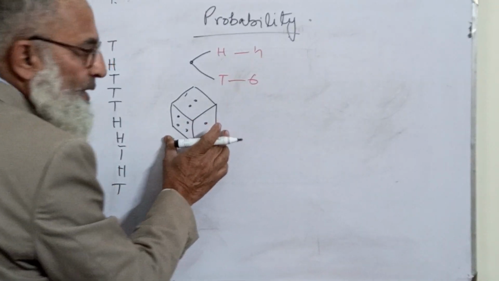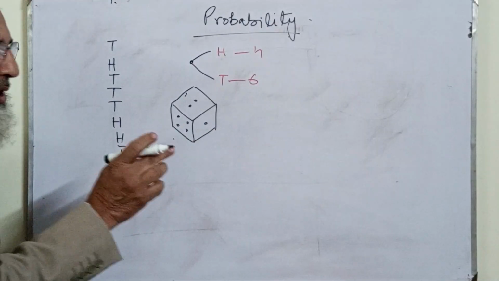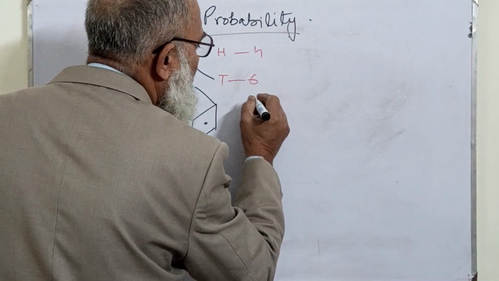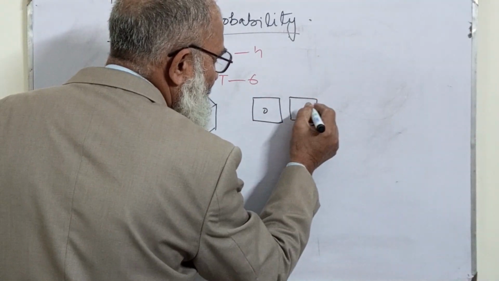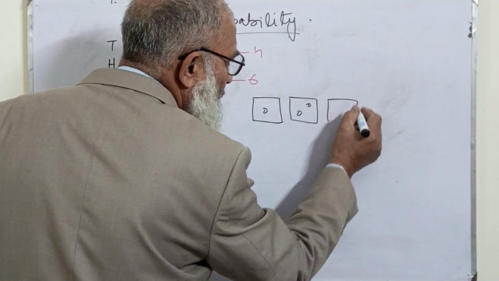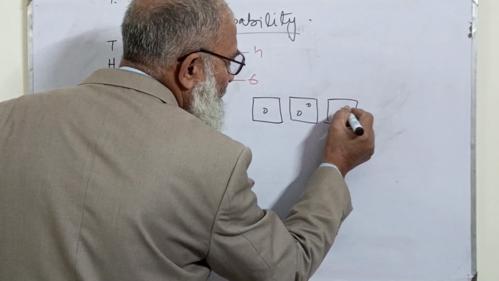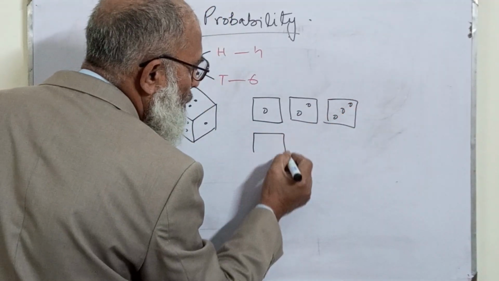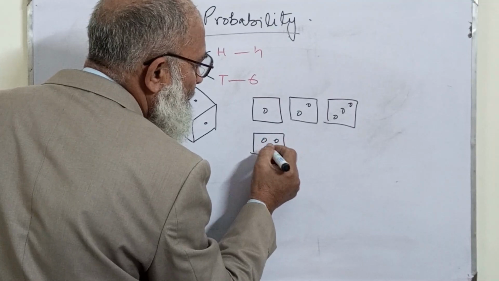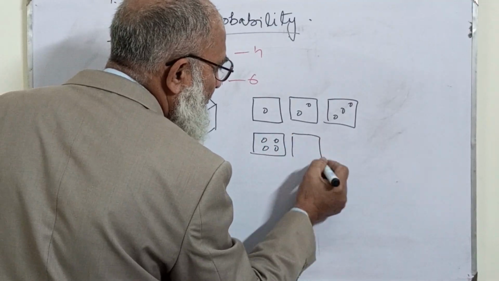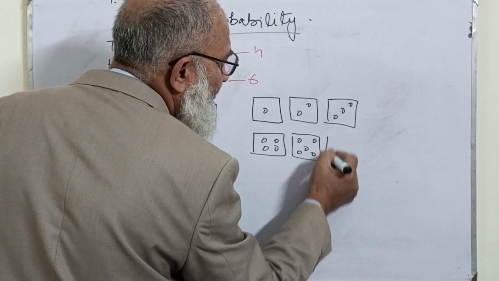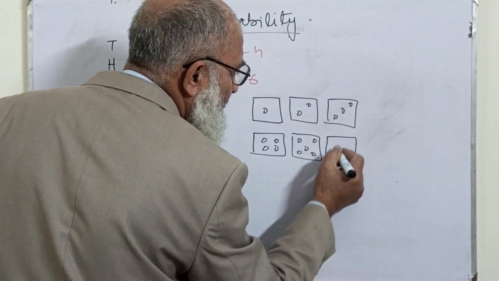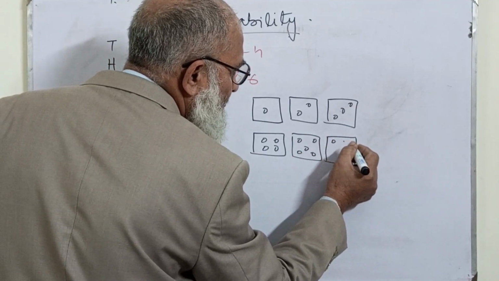Let me reproduce these faces in a single plane. Now there is one face. This has 2 dots. This has 3 dots. And this has 4 dots. And then this has 5 dots. And in the last, it has 6 dots.